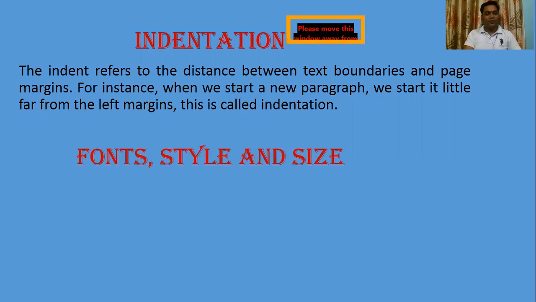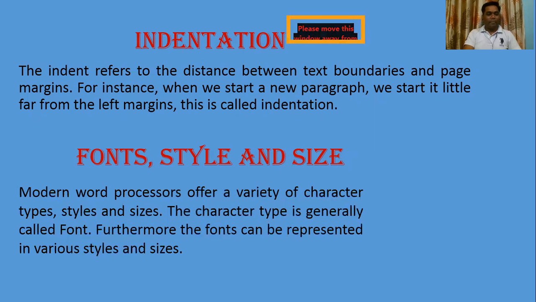Next are fonts, style, and size. Modern word processors offer a variety of character types, styles, and sizes. The character type is generally called fonts. Furthermore, the fonts can be represented in various styles and sizes.